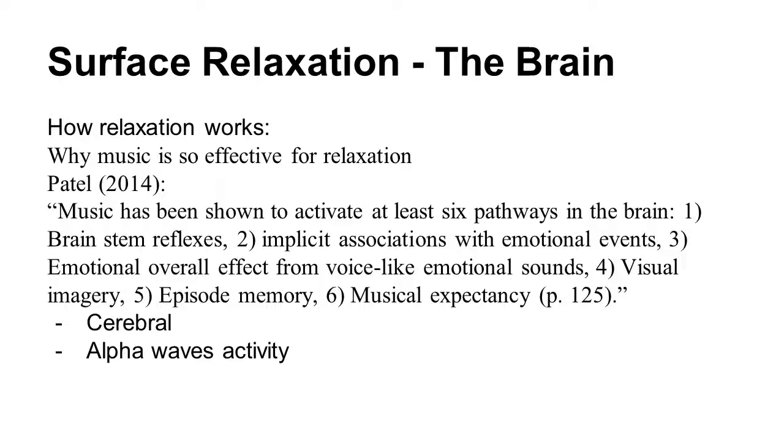Now, there are 2 types of alpha waves. We have the one that is involved in meditation, in relaxation, meditation specifically, among other types of relaxation activities. We also have the other one that's involved in rapid eye movement.